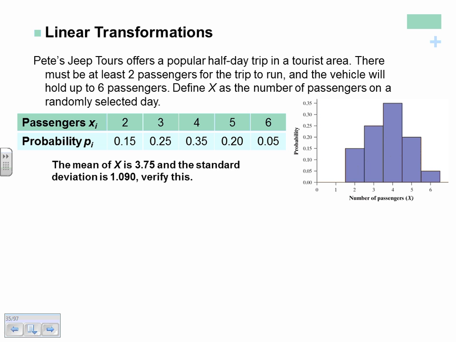So the mean of X, if we wanted to go find that, so the expected value, 3.75, and the standard deviation, 1.09. See if you can do that on your own. And again, I like to put them in the lists and do one variable stats, L1, L2.